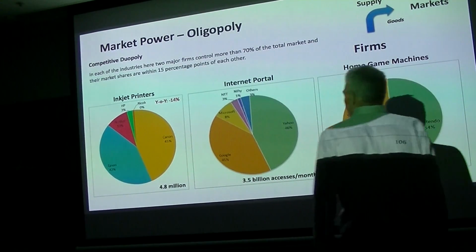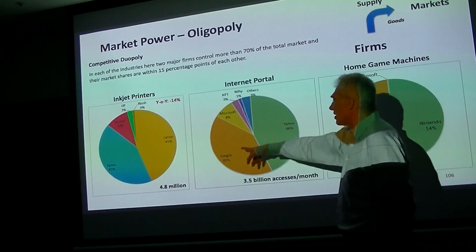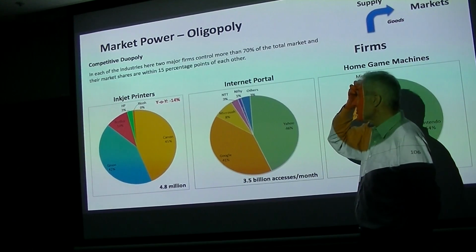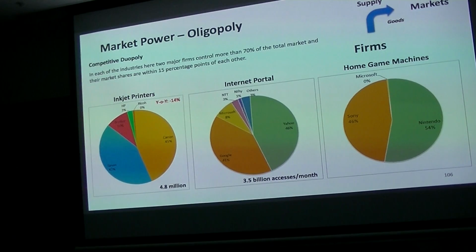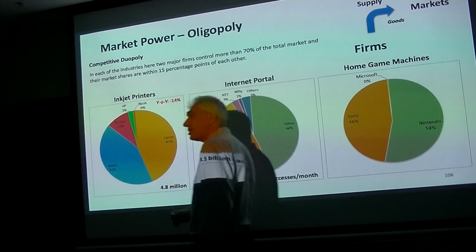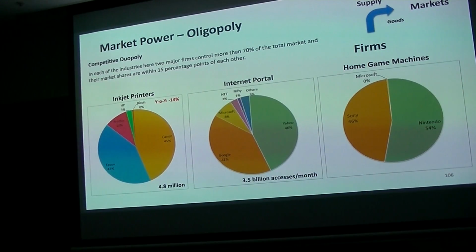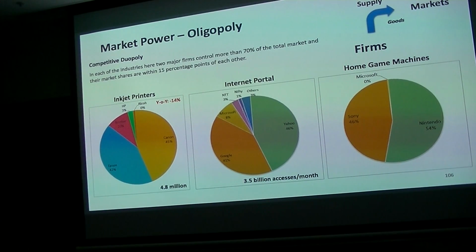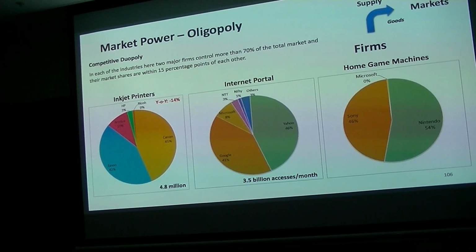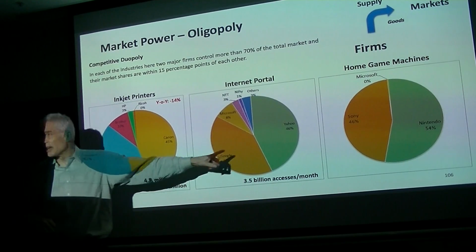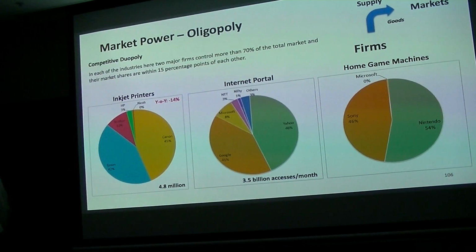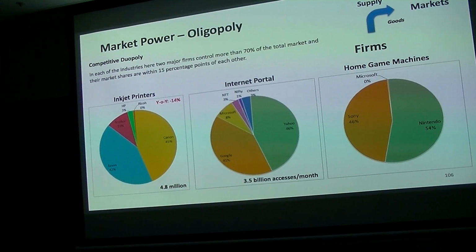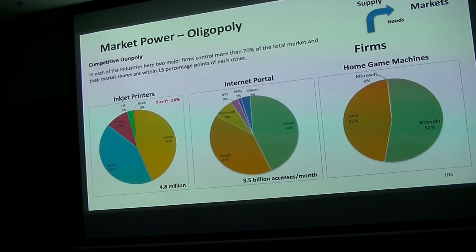Internet portal, this is a very interesting one. Google at 41%, Yahoo at 46%. These would be accesses a month, and it probably has to do with email. Of course, Yahoo has actually ceased to exist as an independent company. That was one of the great mismanaged companies in the tech industry.